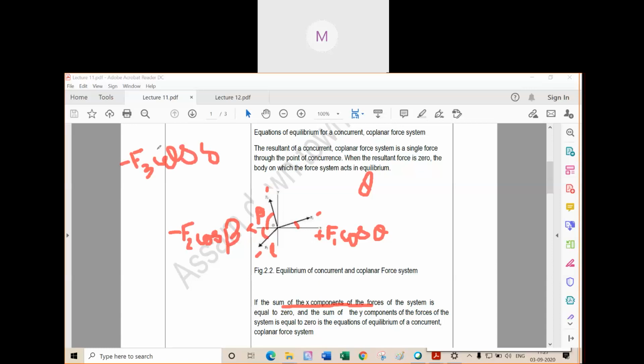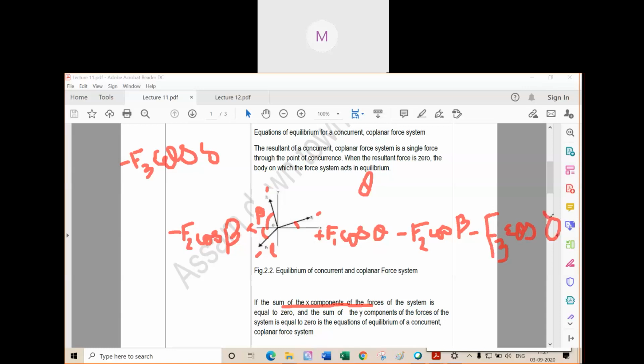So if you combine these, adding them, here it will be F1 cos theta minus F2 cos beta minus F3 cos delta.